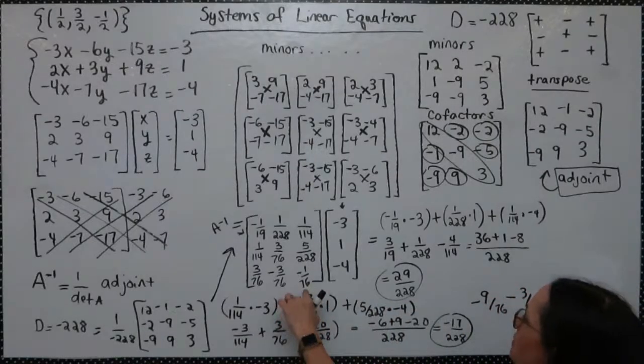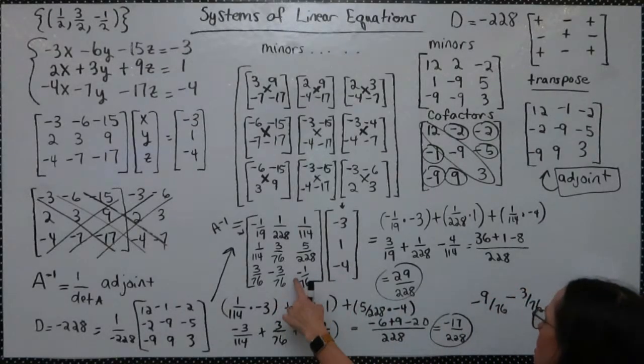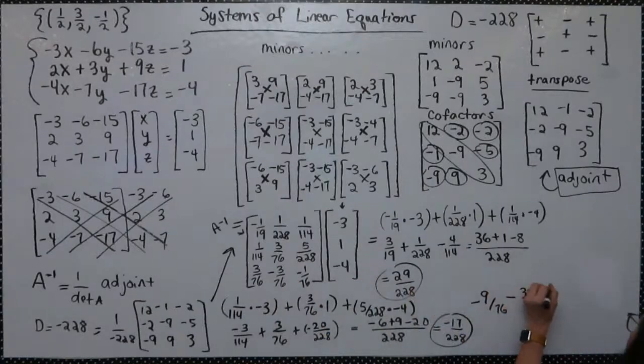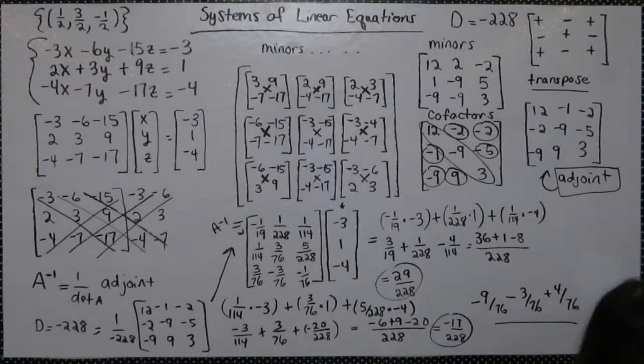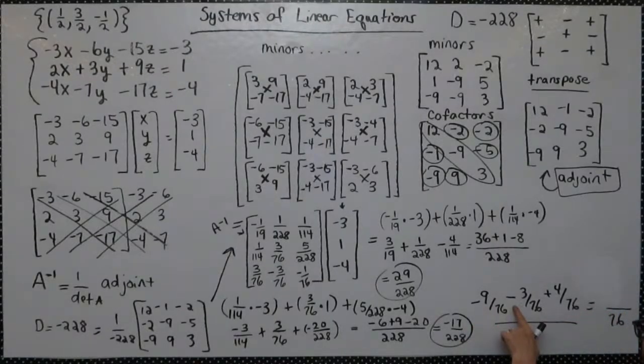And then 1 over 76 times -4 is going to be +4 over 76. And I like that better because we already have our common denominator. It makes it a lot easier. So when you're adding fractions, 76, and then we've got 9 and 3 is 12, minus 4 is 8, so it's -8. Does that divide? I don't think it does.